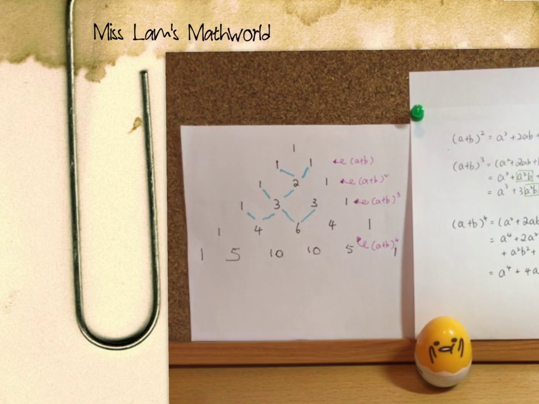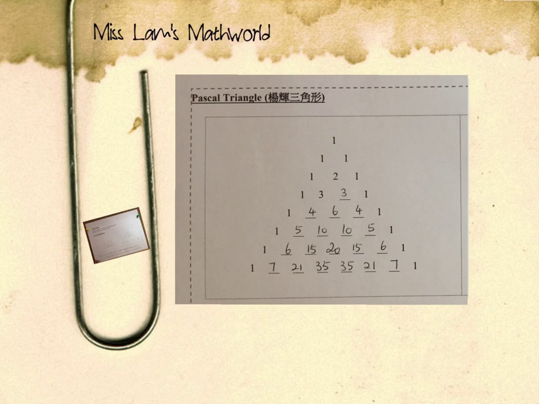Right now, do you have the idea of finding (a + b)^7? If you want to solve (a + b)^7, then you can use the Pascal triangle by adding the numbers until the row of (a + b)^7.